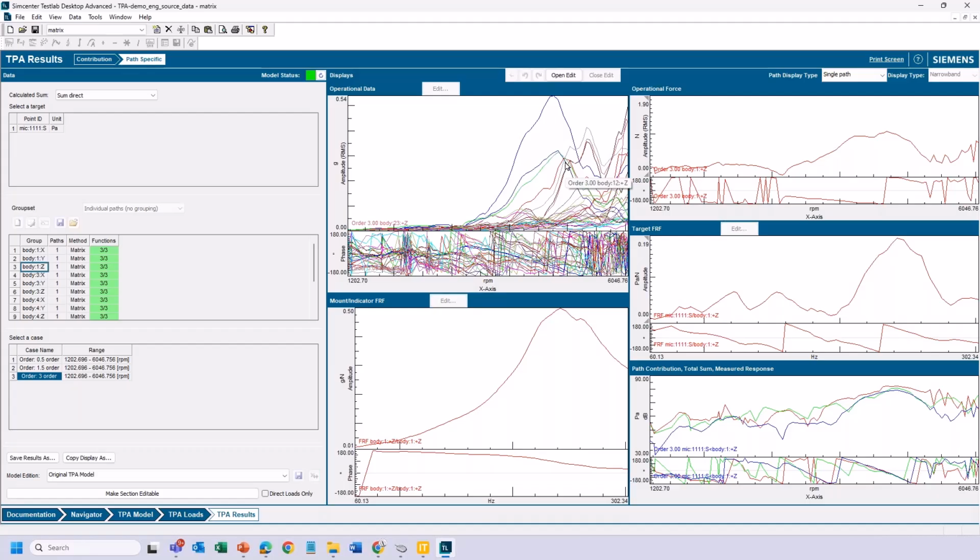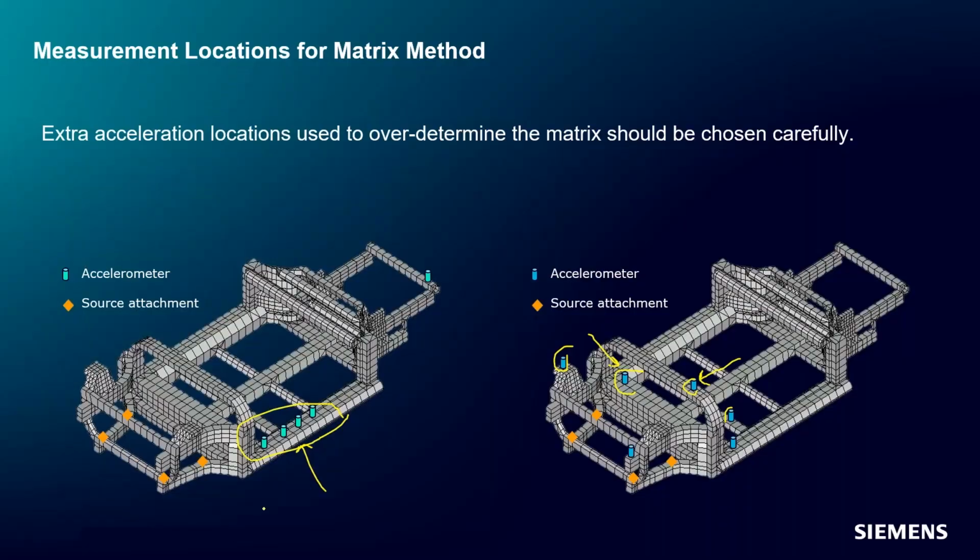Now we see a bunch of FRFs there because those are the FRFs used in doing the calculation. And we can't do things like change the mount rate. So you don't know anything about the mount. And in the case of a stiff connection that you would be using the matrix inversion for, there really is no mount you can adjust. That is the matrix inversion method.